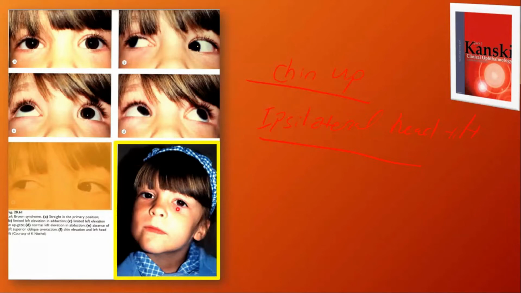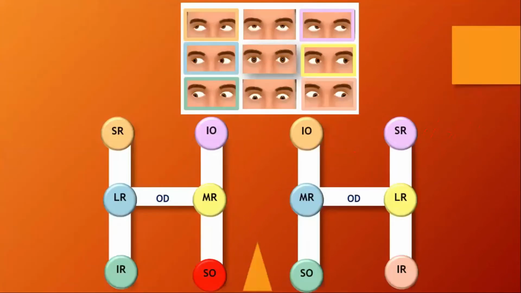And the face will turn to the right side. So this is a contralateral face turn. And if you remember this slide, whenever we have three muscles acting in adducted position: the medial rectus is the adductor, the inferior oblique elevates in adduction, the superior oblique depresses in adduction.